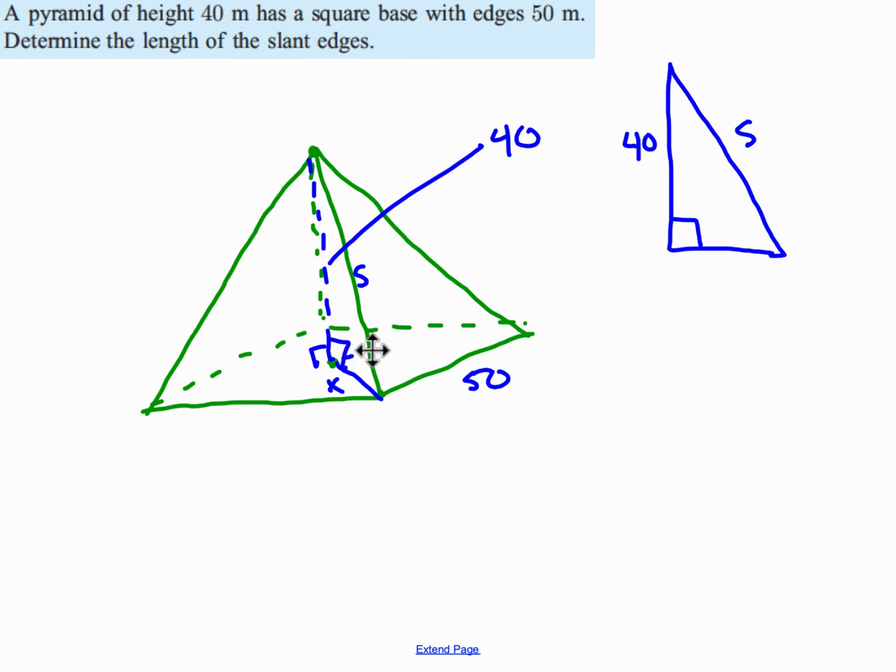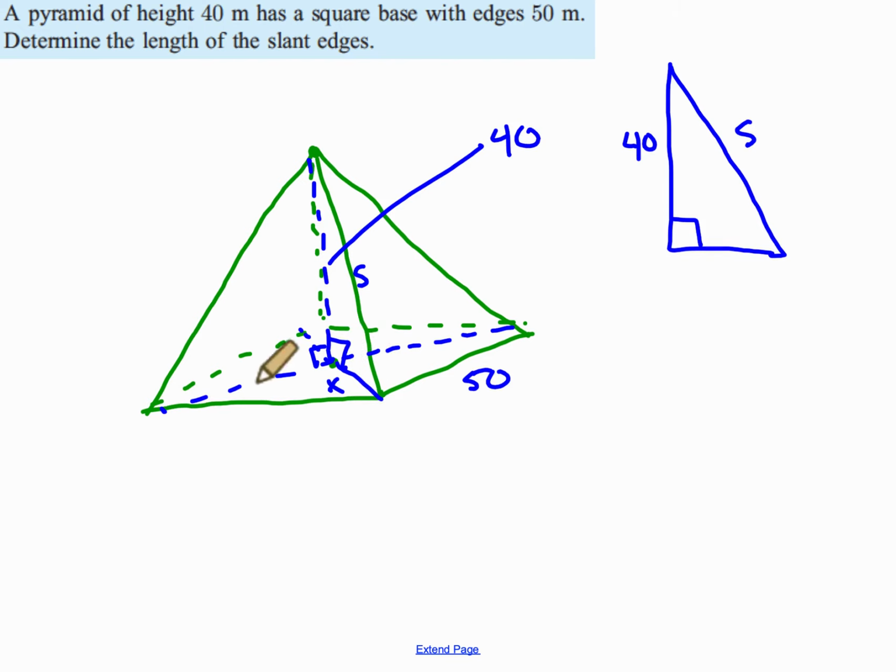And I'm going to draw an auxiliary line that way. And while the picture is not perfect, if I continued this line here and this other line in the back, I would be drawing diagonals of a square, which I know meet at a right angle. They're perpendicular.